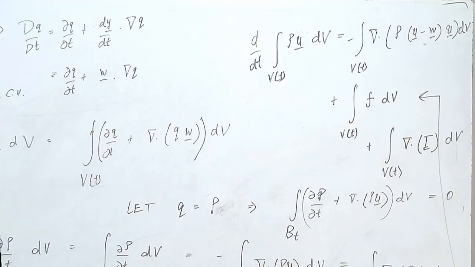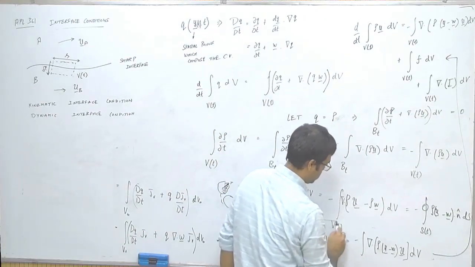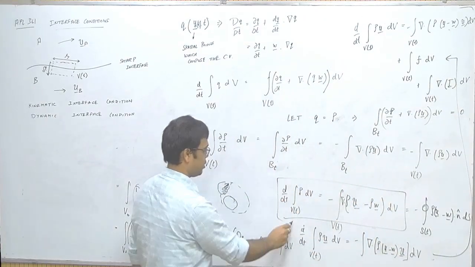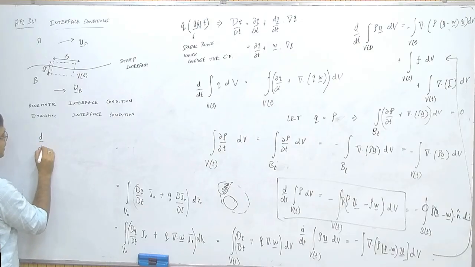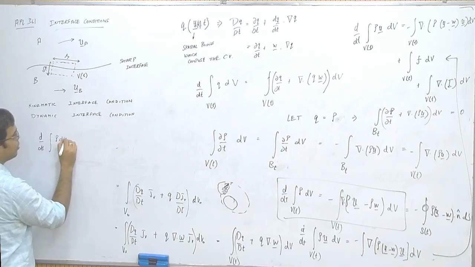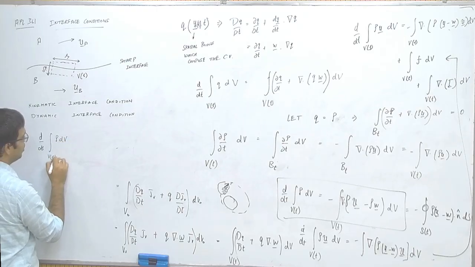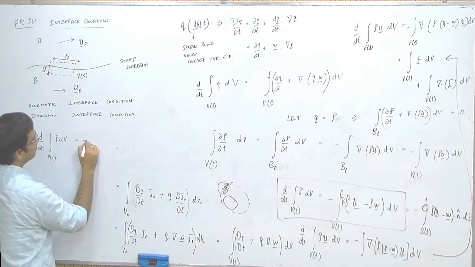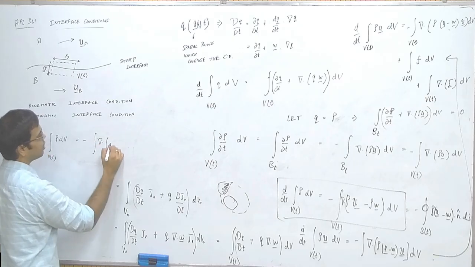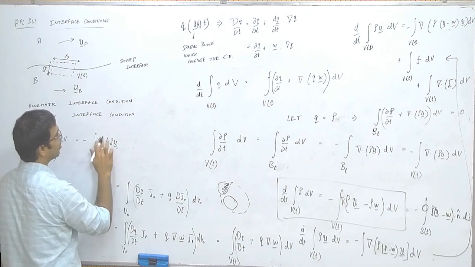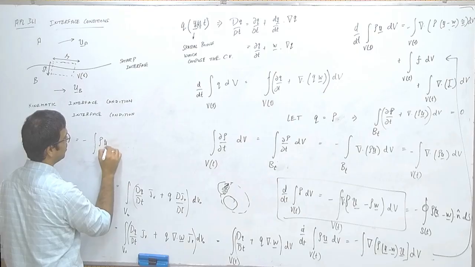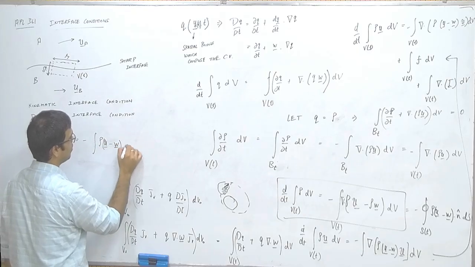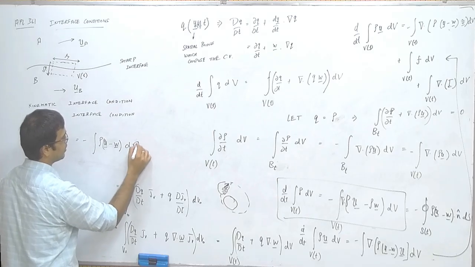So let us apply our mass equation to this control volume: d by dt of the integral of rho dv over v of t equals minus the integral of del dot rho u, or let me write this in the surface integral form.